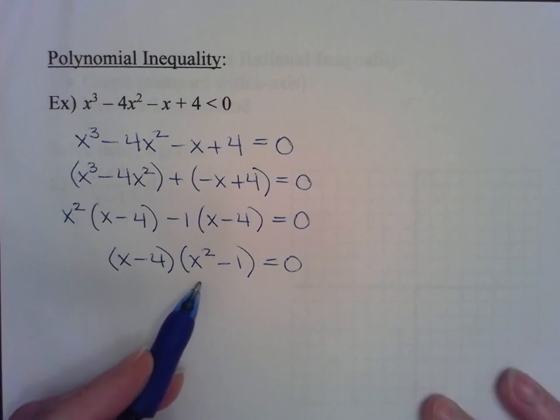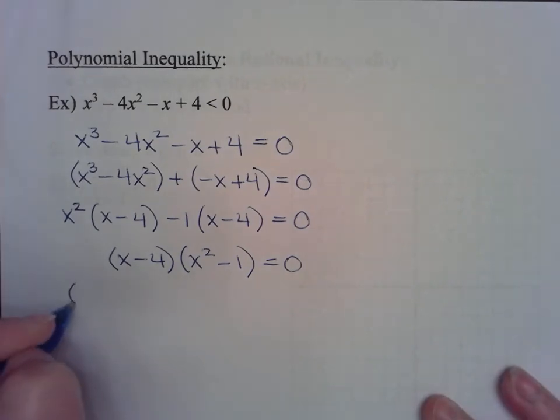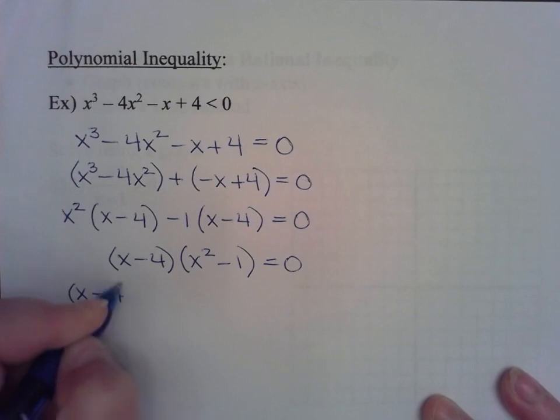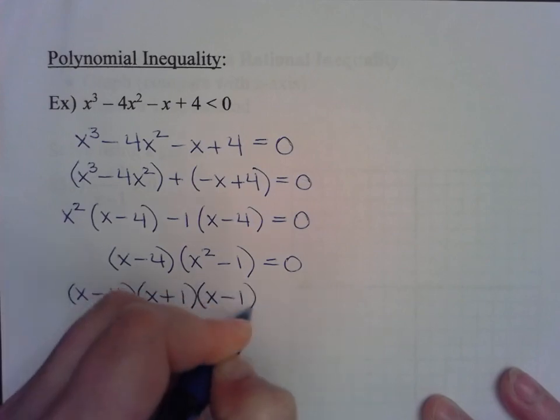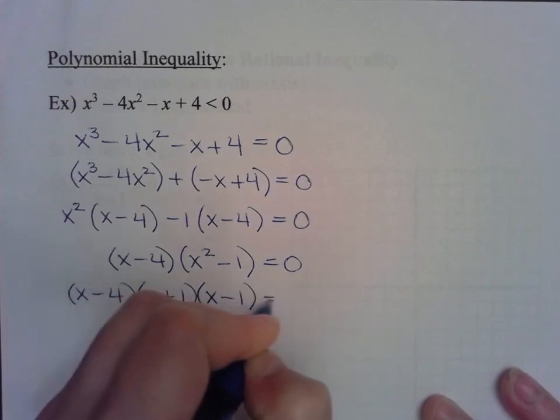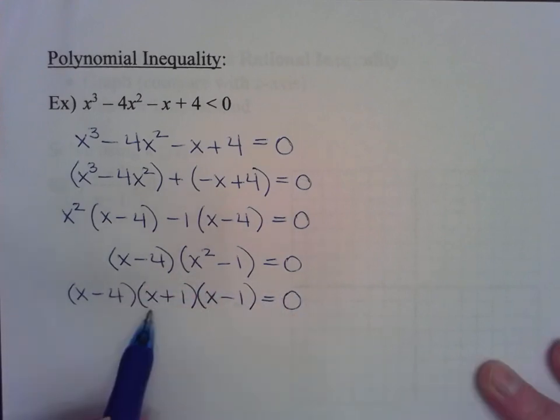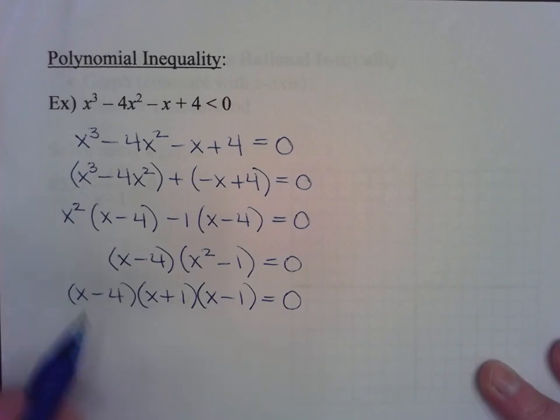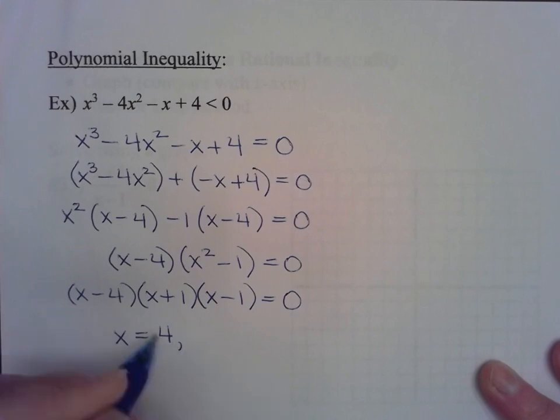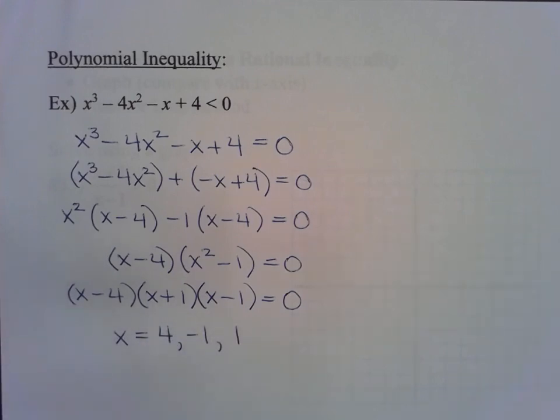And an x squared minus 1 is a difference of 2 squares. So if you wanted to, you could even go one step further. And if I set all of these equal to 0, 1 by 1, I'm going to get 3 x-intercepts, or zeros, 4, -1, and +1.